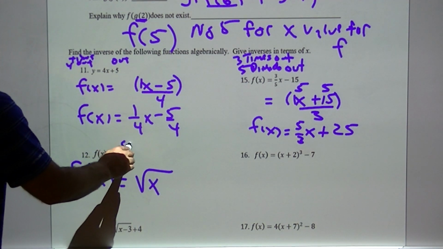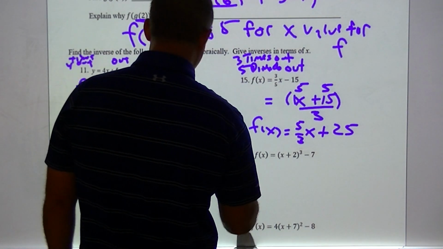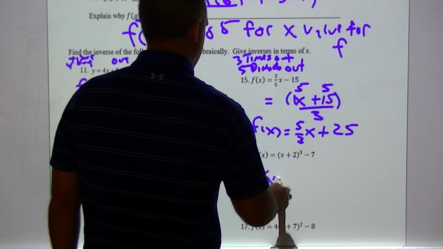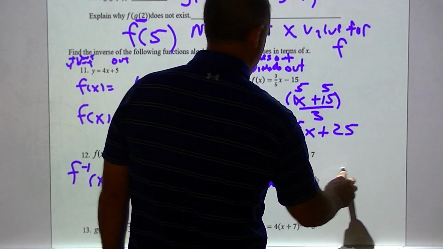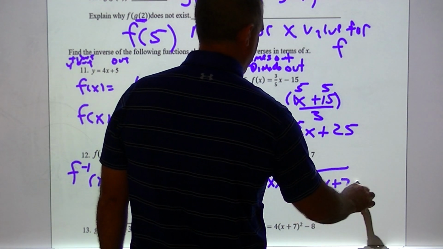This is plus 1 outside, so it would become minus 1 inside. Okay? This inverse, a lot of these are going to be pretty quick and easy to do. This would be cube root. This is plus 7 inside, minus 2 outside.